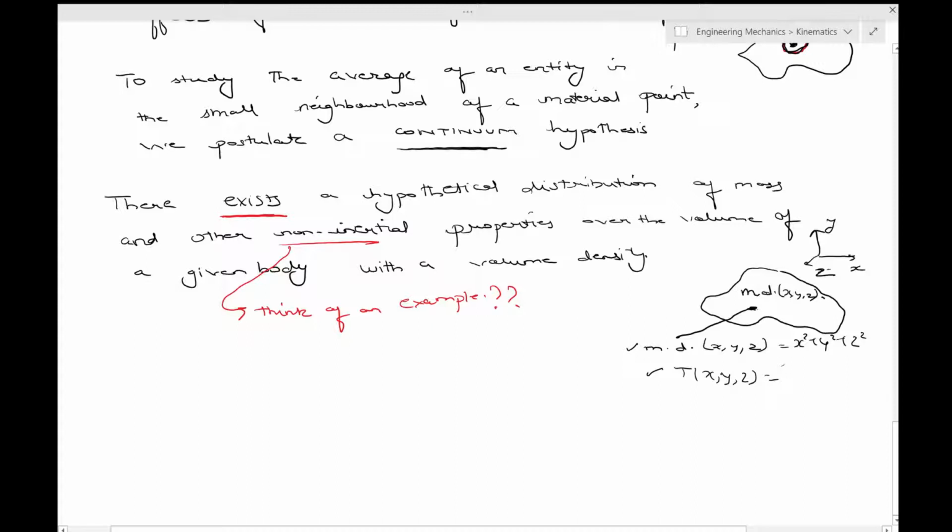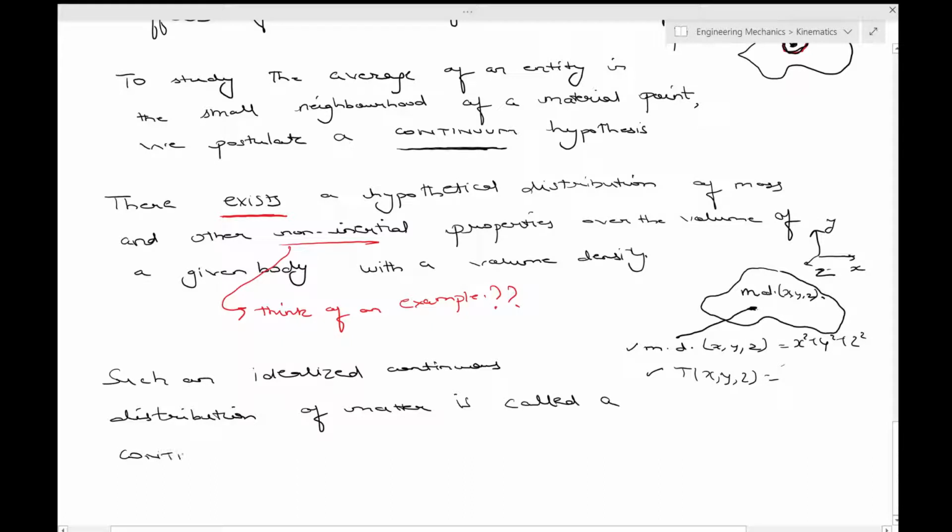So we say that such an idealized continuous distribution of matter is called a continuum, in which exist material points.